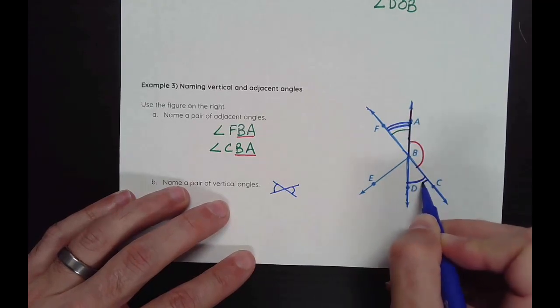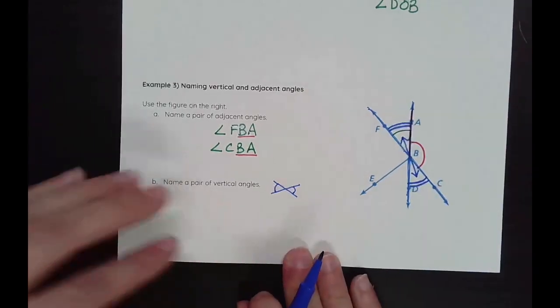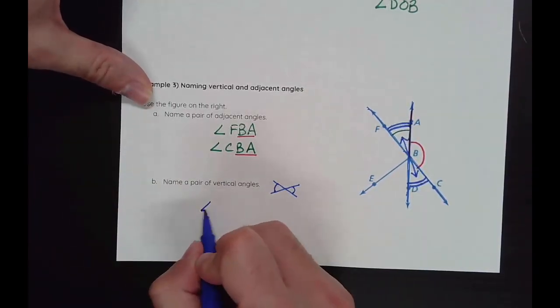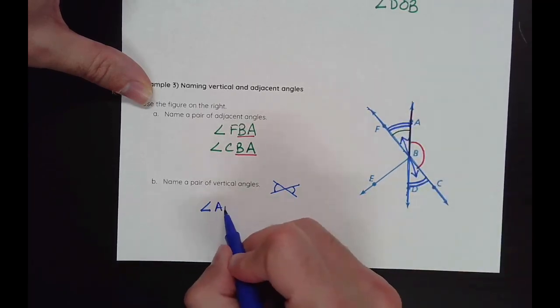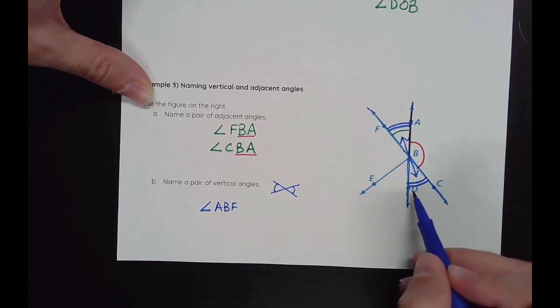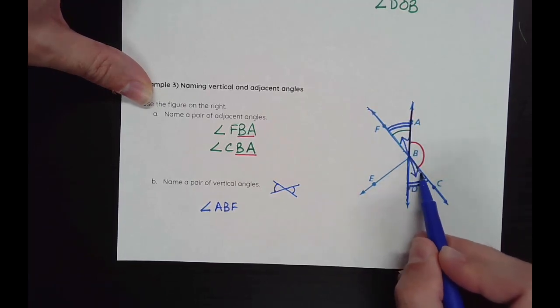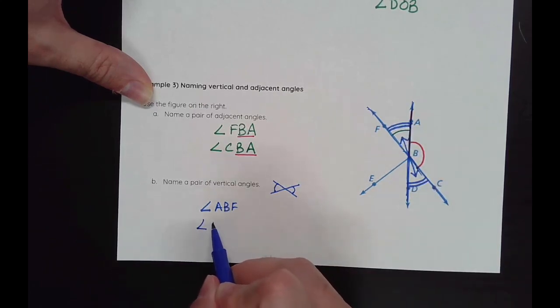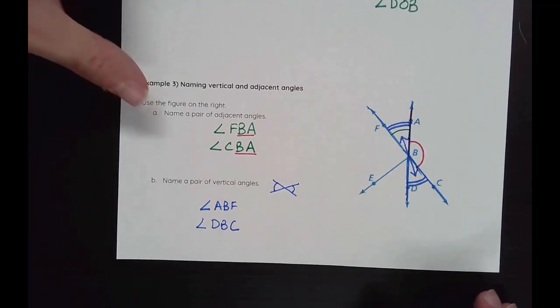Those are across from each other at the intersection. ABF, that's one angle. And the other angle is DBC. And that would be a pair of vertical angles.